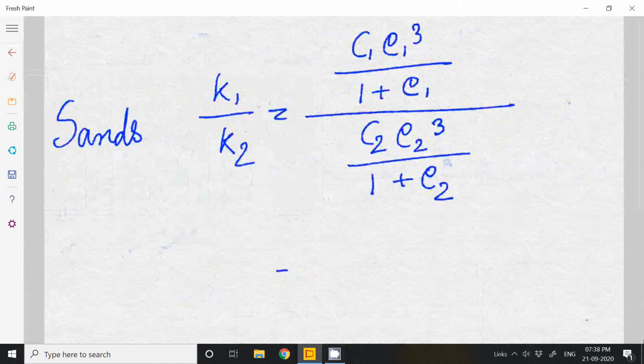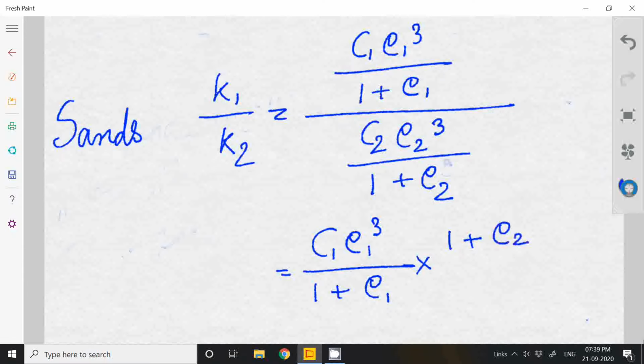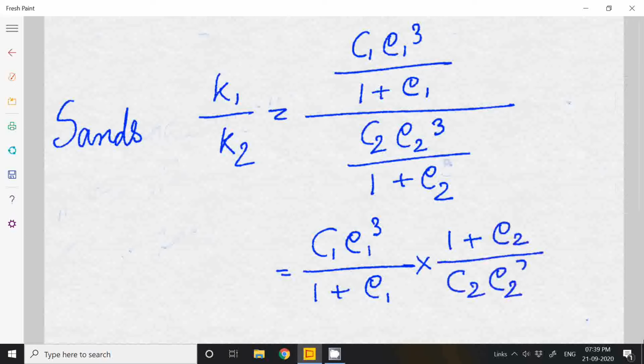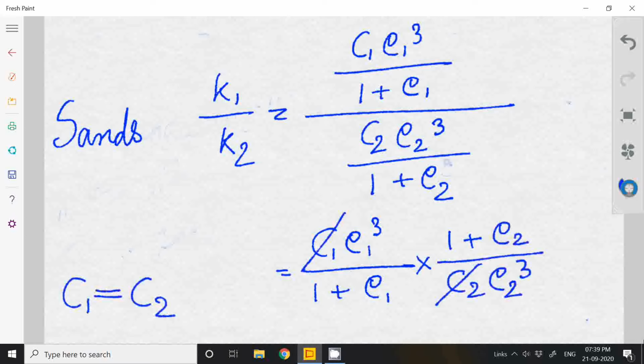So it will be equal to C1 E1 cube by 1 plus E1, into 1 plus E2 by C2 E2 cube. C1 and C2 we can cancel, because for sands we take C1 equal to C2.